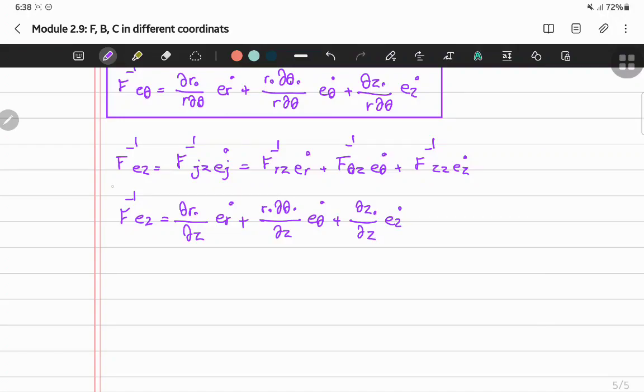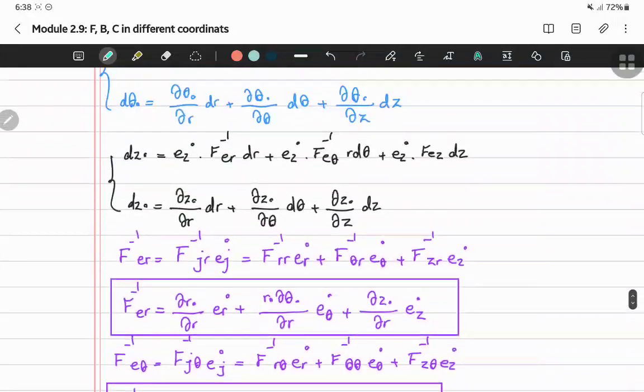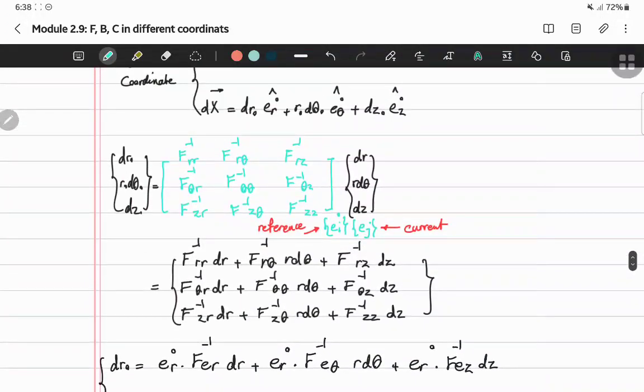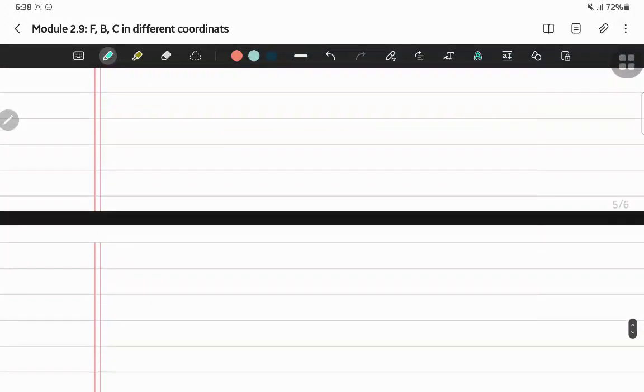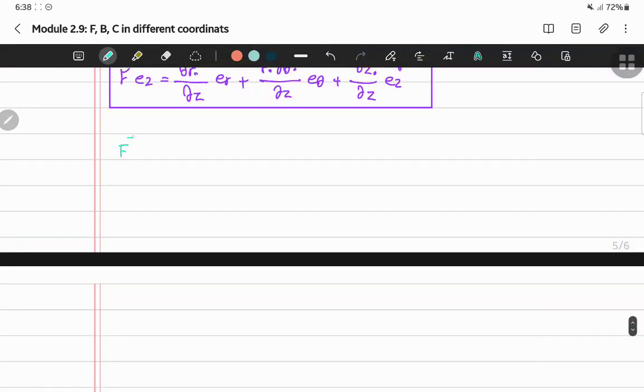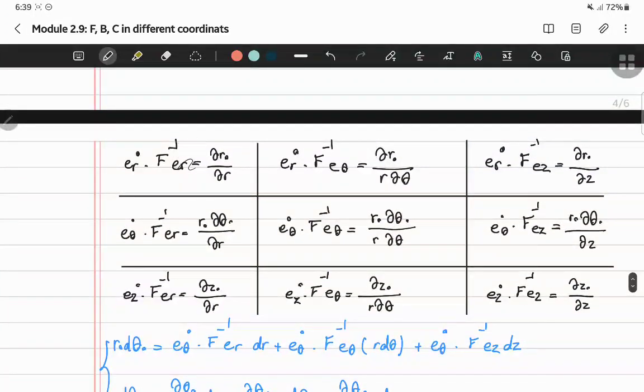So now we found F inverse EZ as well, and we need to find F inverse transpose. F inverse transpose, we have to find this. Okay, we can use F inverse ER in here.